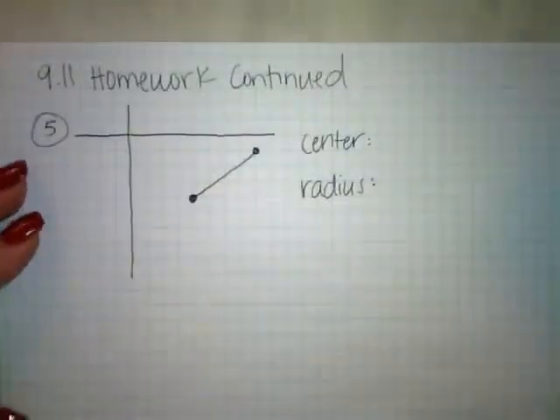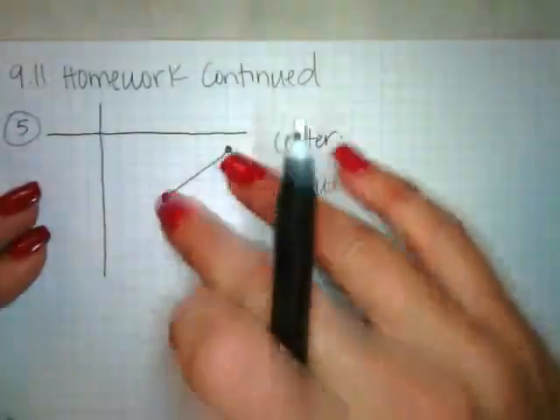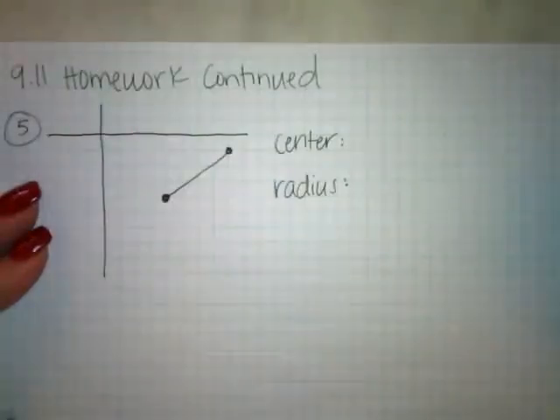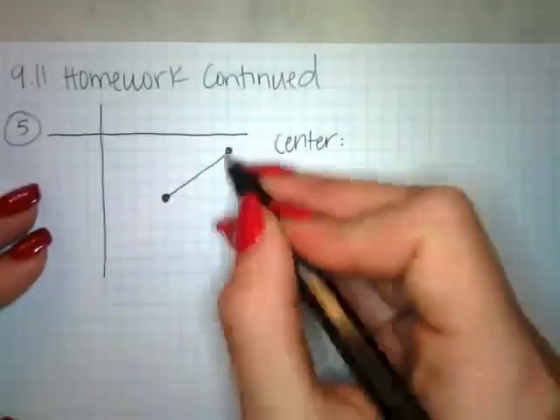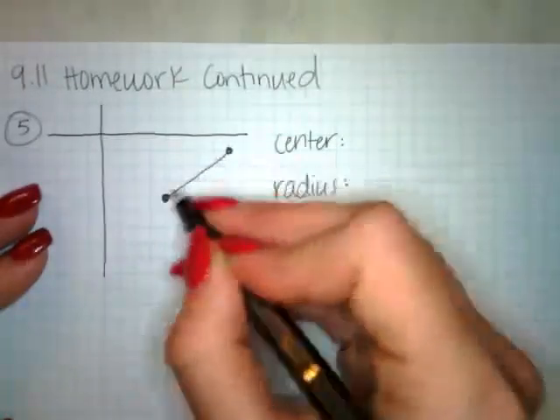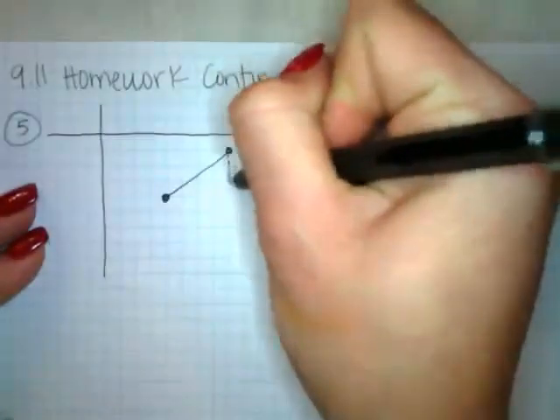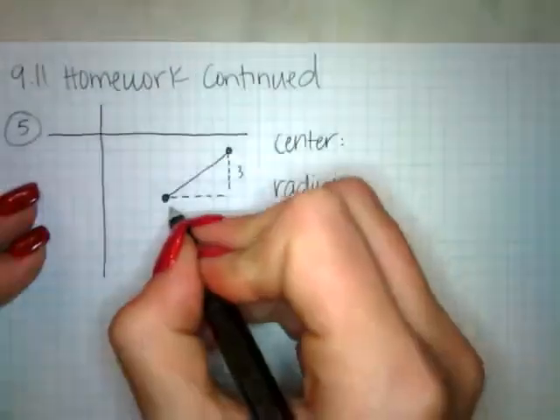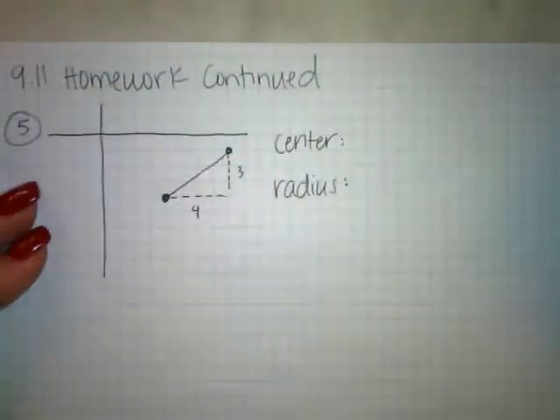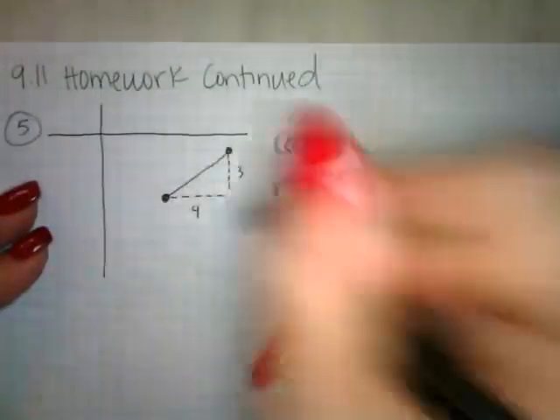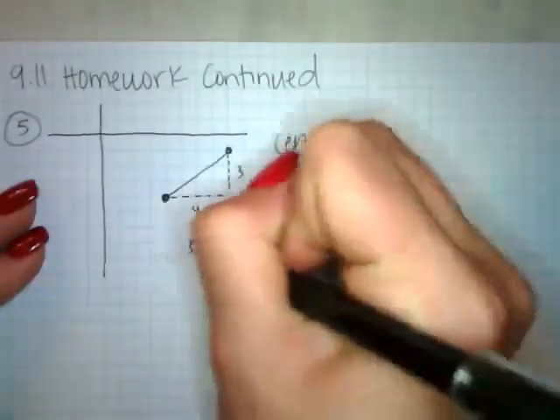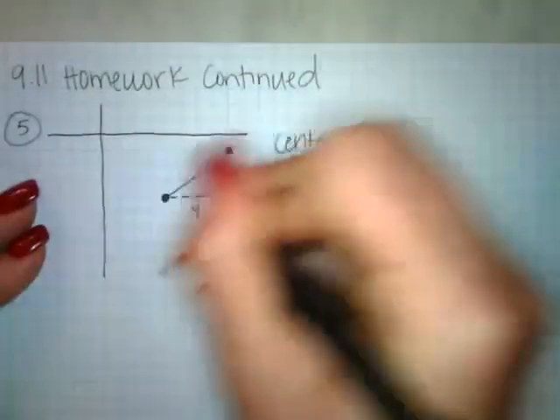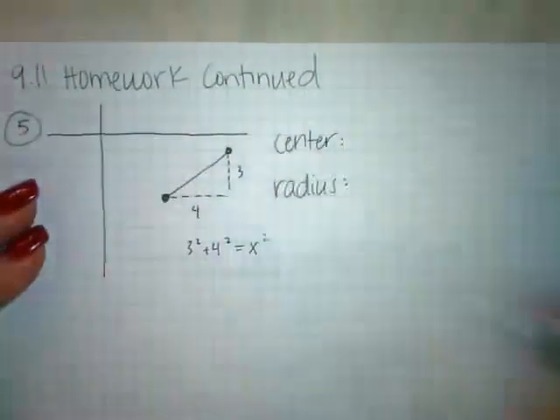Well, we talked about calculating the distance in between two coordinates. We used either the distance formula or the Pythagorean theorem. I'm going to use the Pythagorean theorem to find the distance of this diameter. I can form a right triangle. This side is 3, this side is 4, which means 3 squared plus 4 squared equals this unknown squared.